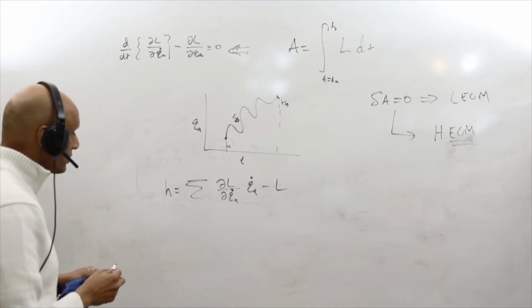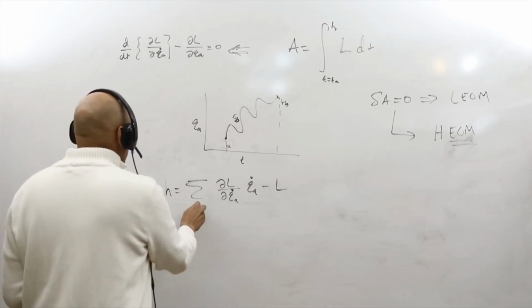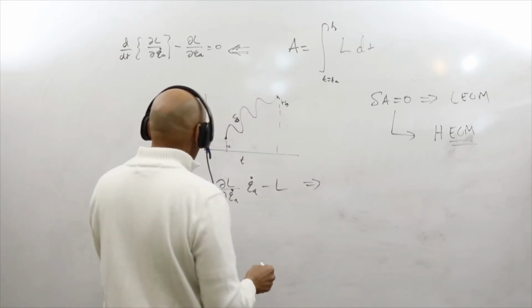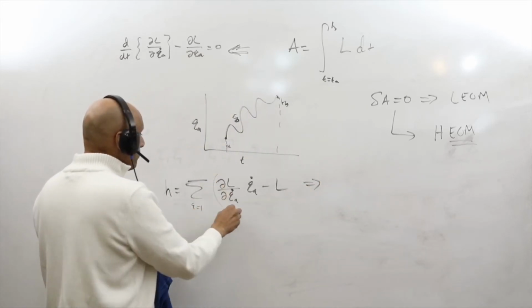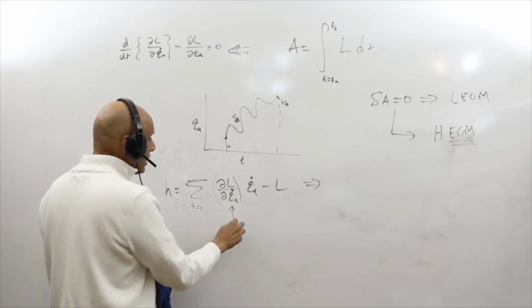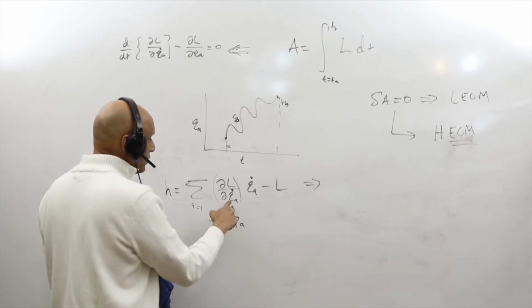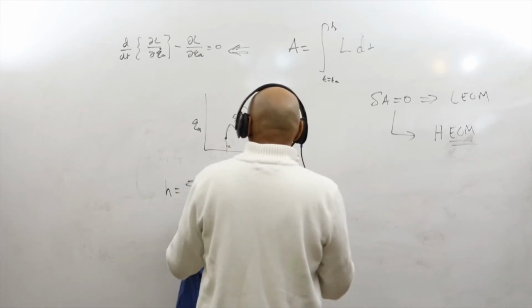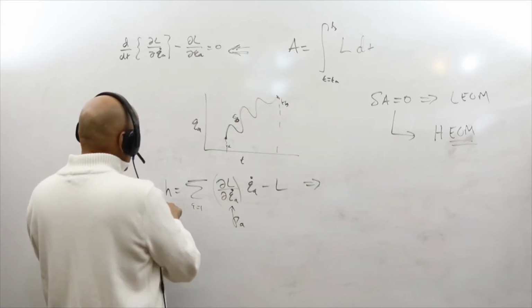This is our H function. I'm going to basically solve this equation for L, and we're going to do a substitution. Remember, partial of L with respect to q_a dot is the conjugate momentum associated with the q_a coordinate. So if I make that substitution, this becomes the Hamiltonian H function.